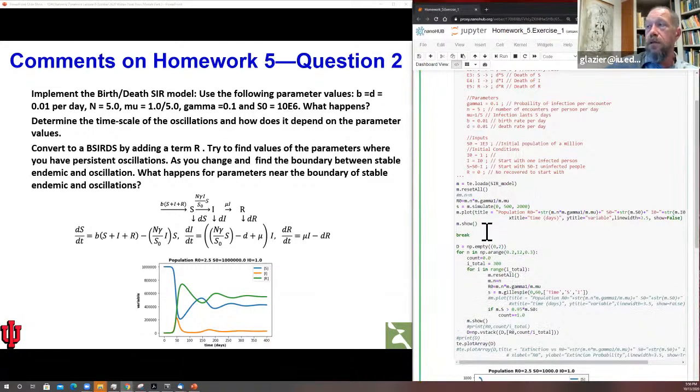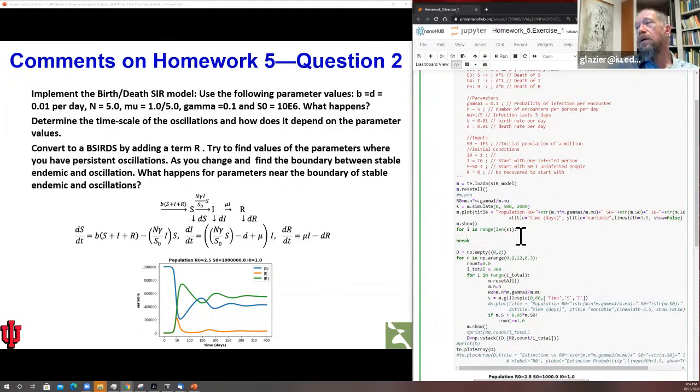So if I were going to do this, I might say for i in range of the length of S. And that will let me iterate line by line through the data set.